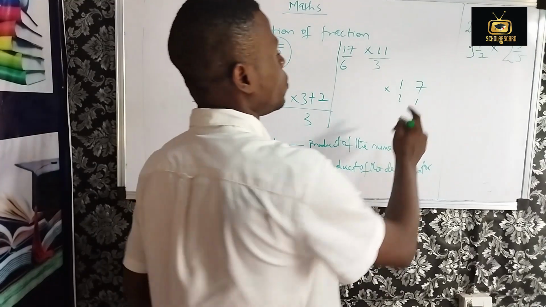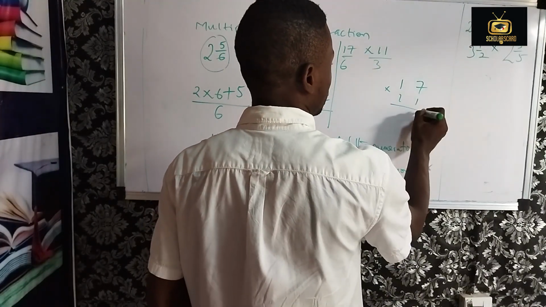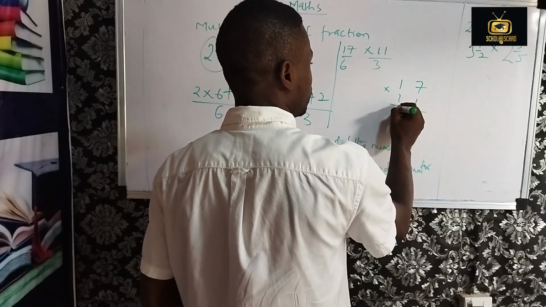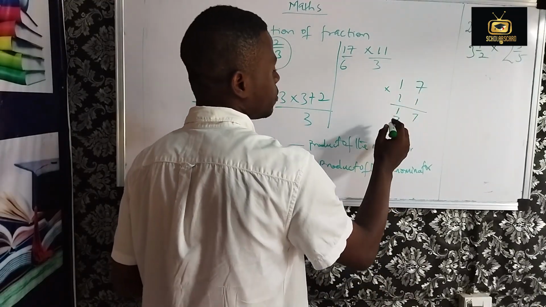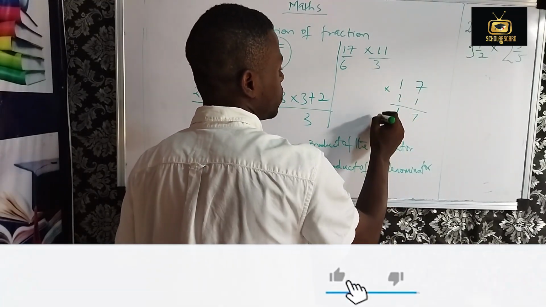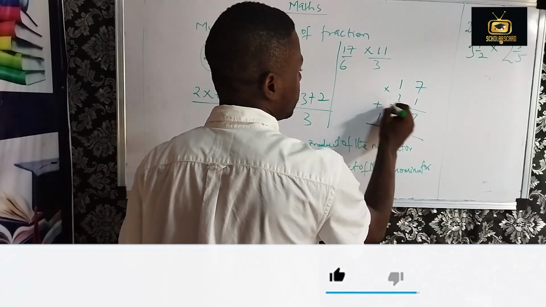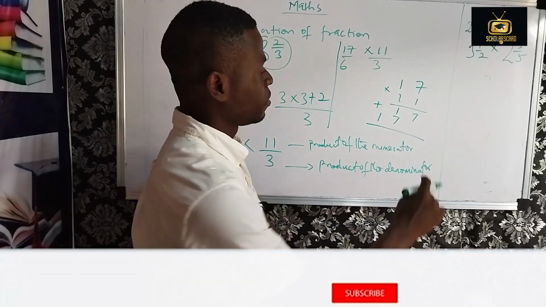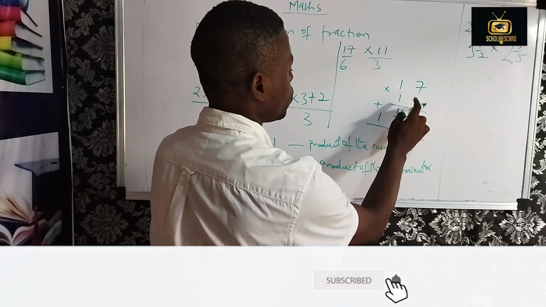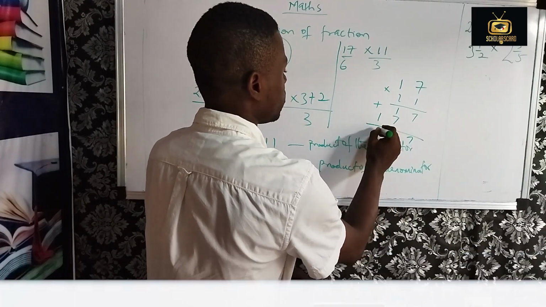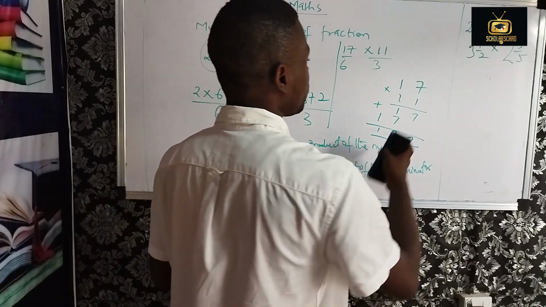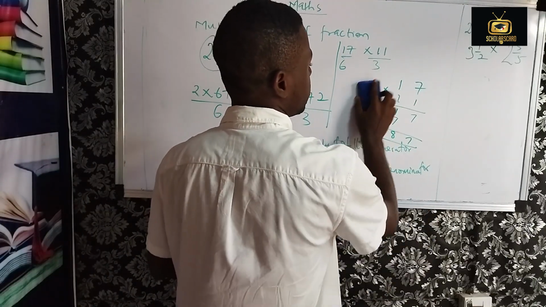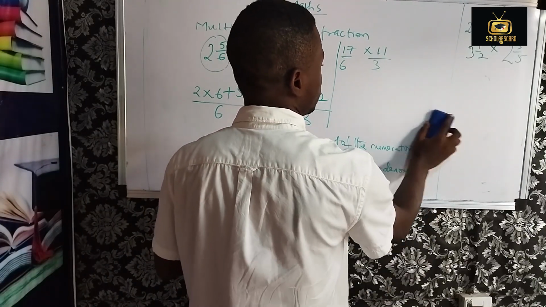But let me show you. 1 times 7 will give us 7. 1 times 1 will give you 1. We now add it together. 7 plus nothing is 7, 7 plus 1 is 8, 1 plus nothing is 1. So our answer is 187.